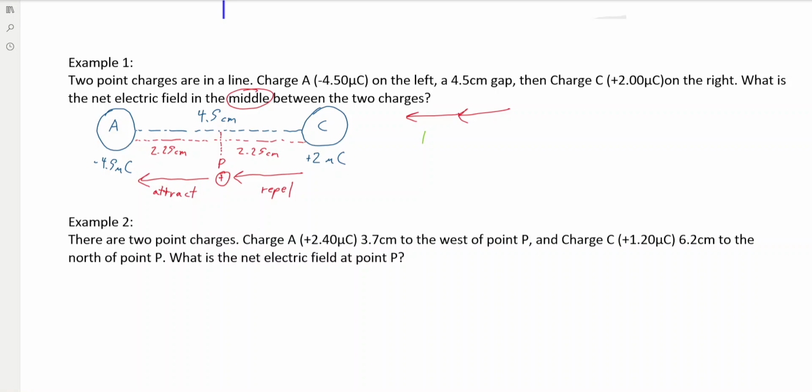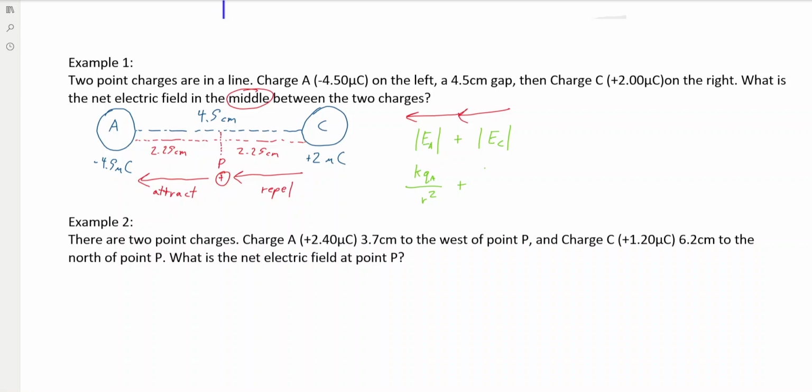So we're just going to take the electric field for A, and we're going to add it to the electric field for C. This one's going to be kQA over r squared.